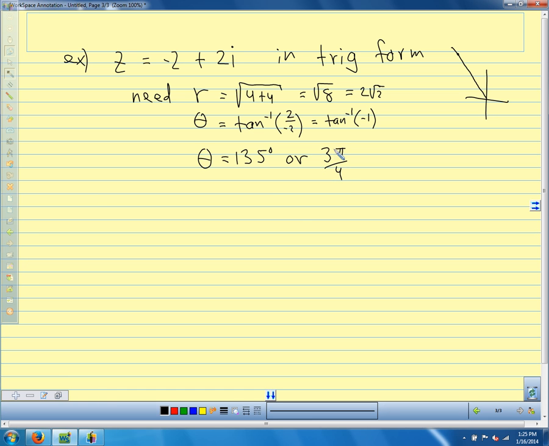Yeah. Okay, good. So to write this in trig form, we would say z equals 2 square root 2 times the cosine of 3 pi over 4 plus i times the sine of 3 pi over 4. And that would be our answer. That would be this complex number in trig form.